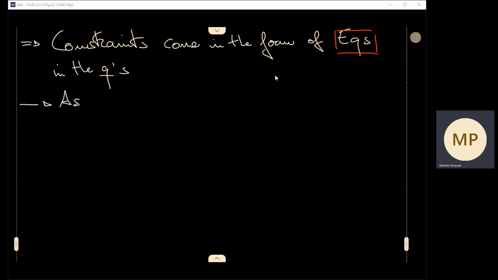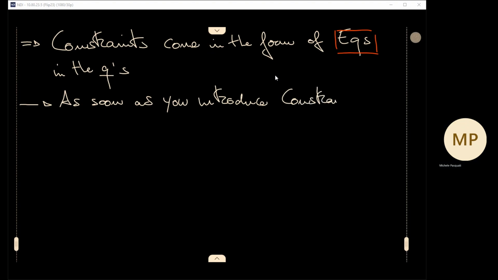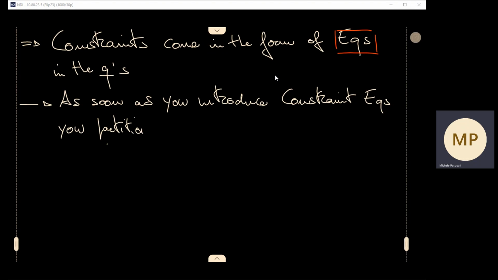As soon as you introduce constraint equations, you partition between dependent and independent coordinates.